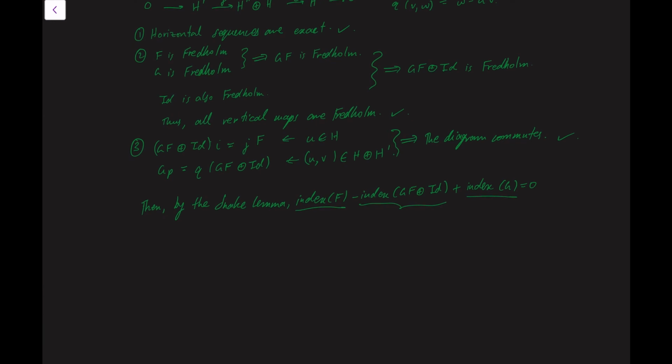We recall that we can separate the index of two operators under a direct sum as such, and that the index of the identity is 0 because it has trivial kernel and trivial co-kernel. So this is just the index of g composed with f.